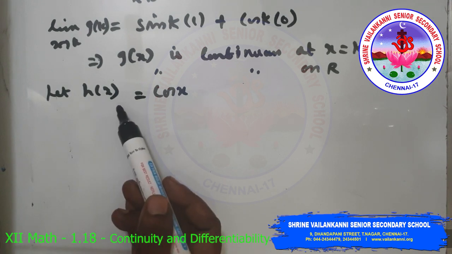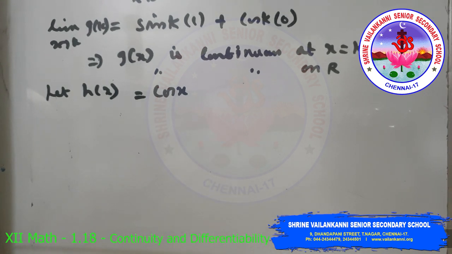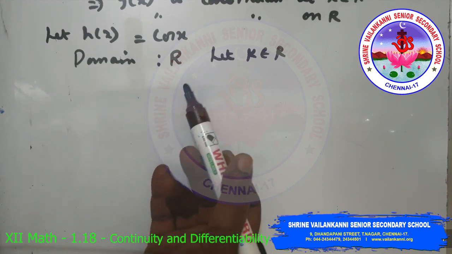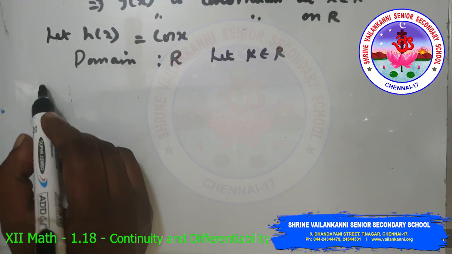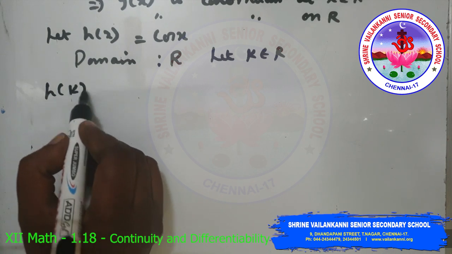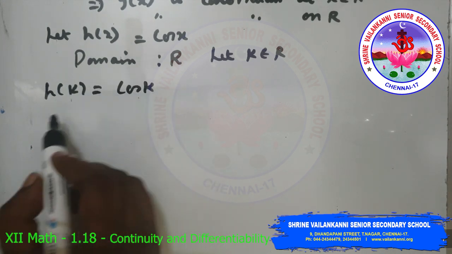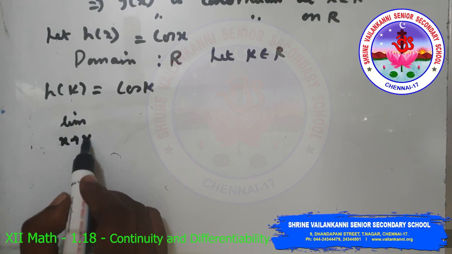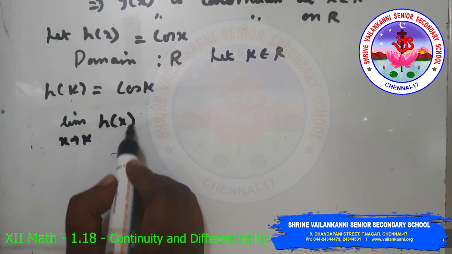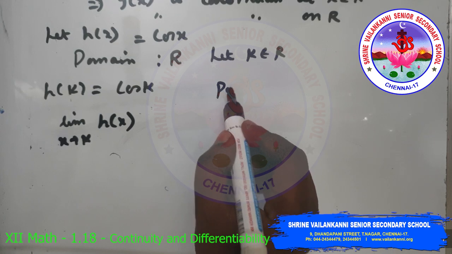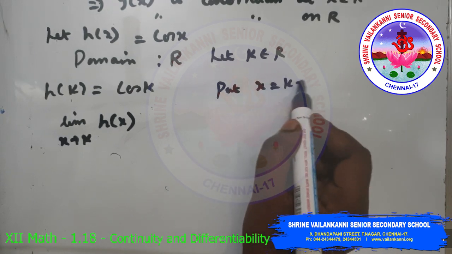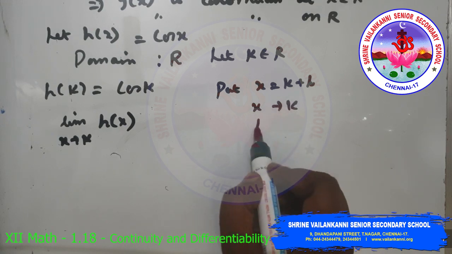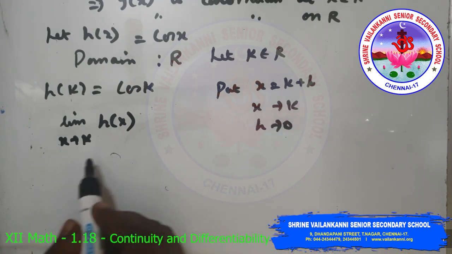Let's take another function h of x, which is equal to cos x. The domain is any real number. Let k belong to R. Then h of k is equal to cos k. Limit x tends to k of h of x. Put x equal to k plus h, where k is any real number. Then x tends to k as h tends to 0.